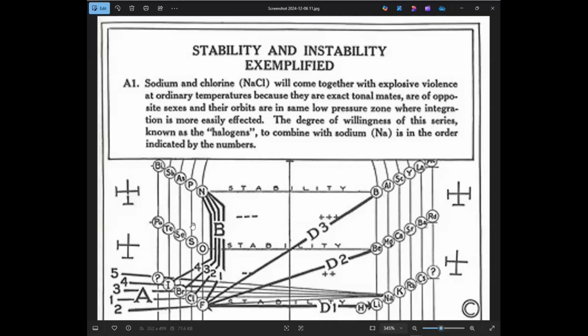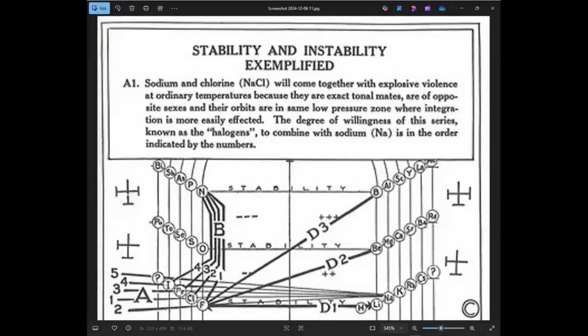And then he also showed us how octave makes a difference. He got the correct sex. We did positive sodium going with negative chlorine, and that of the same, close octave, but then a positive sodium and a negative bromine.